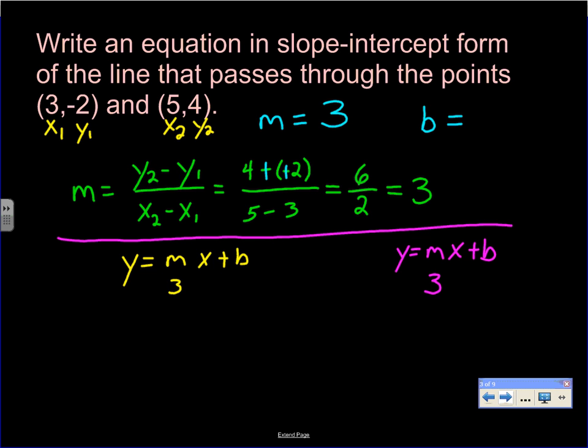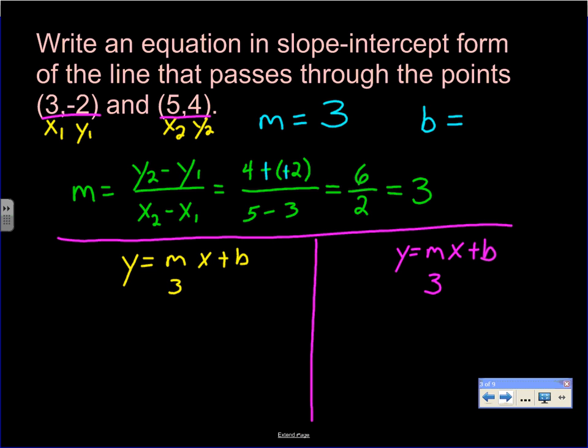And I'm going to give you, since we have 2 points, (3, -2) and (5, 4), I will show you both of these equations worked out with each point and show you that we still get the same y-intercept.